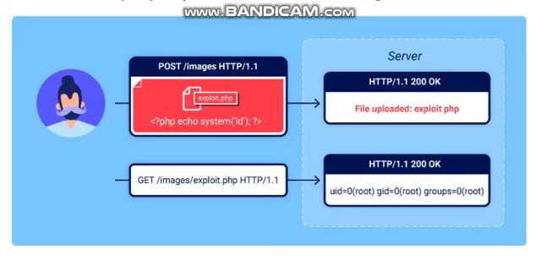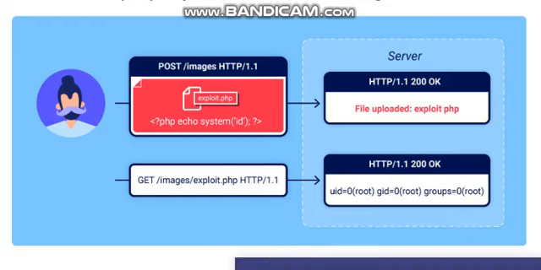Ultimately, even robust validation measures may be applied inconsistently across the network of hosts and directories that form the website, resulting in discrepancies that can be exploited.